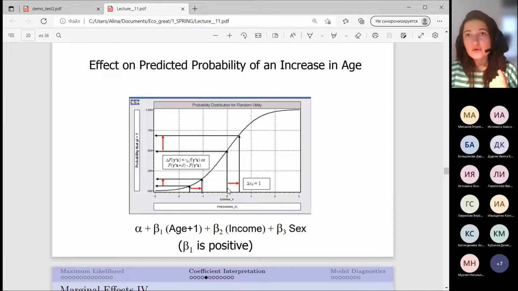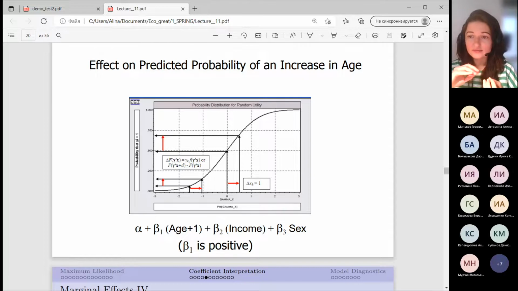But if you take another interval on this curve, let's say this one, and want to increase from 0 to 0.5. So you take the same 1 unit increase, but now your response in the dependent variable will be larger if you compare with the first case. So what does that mean?